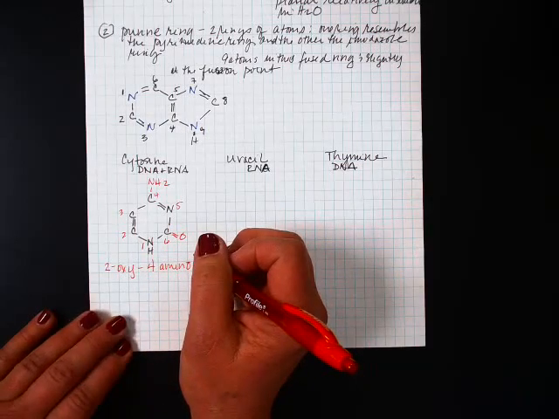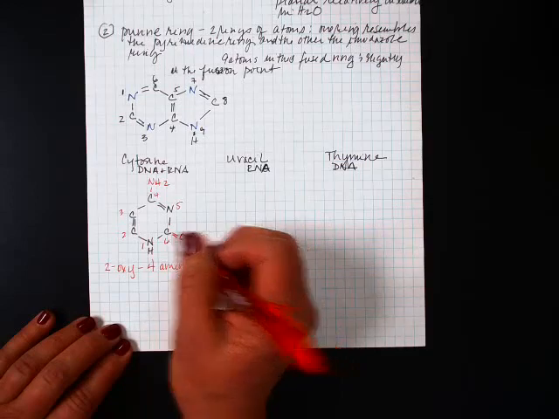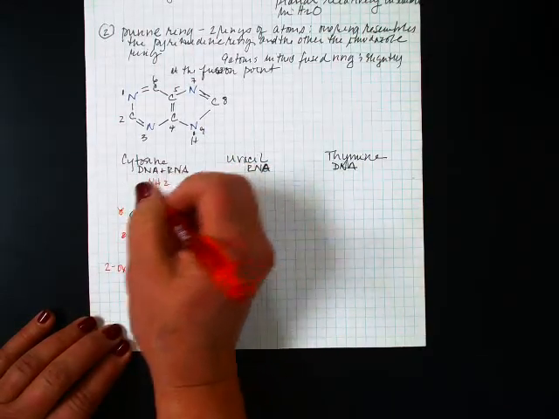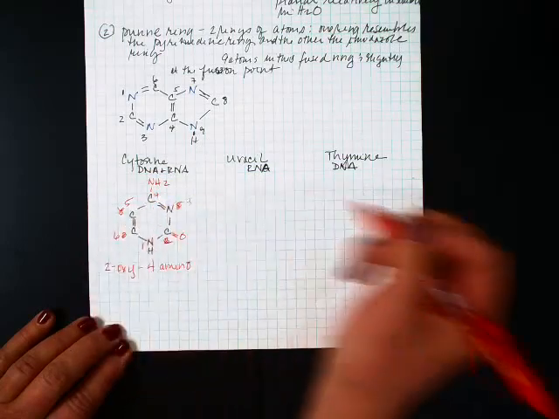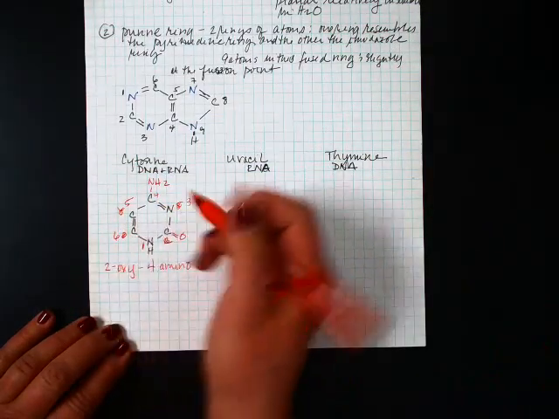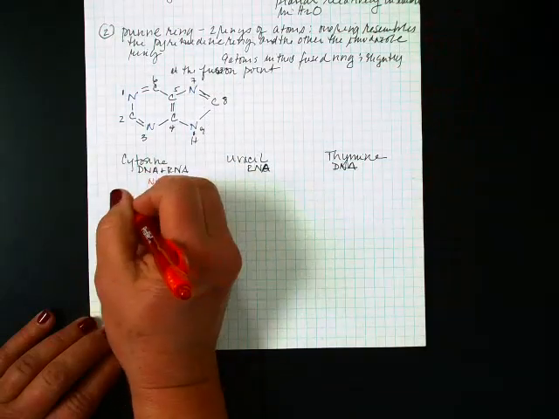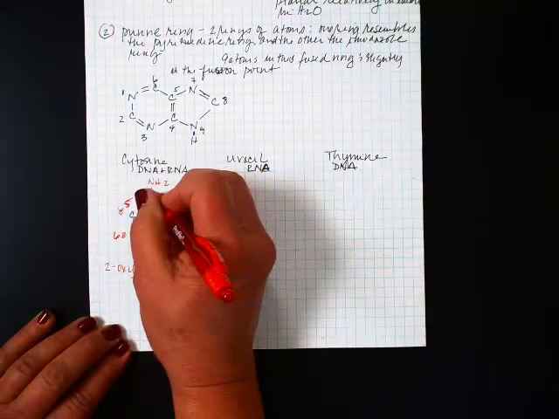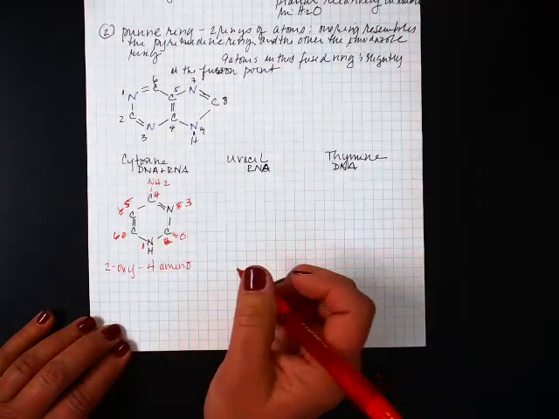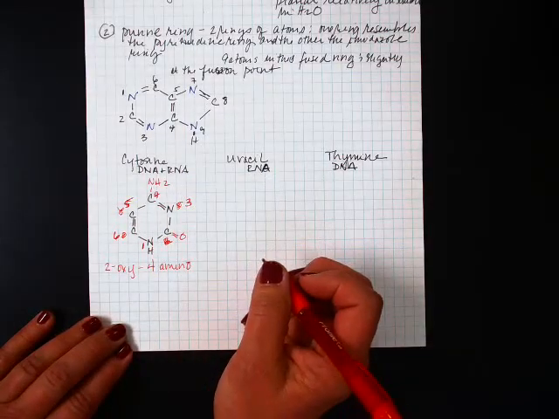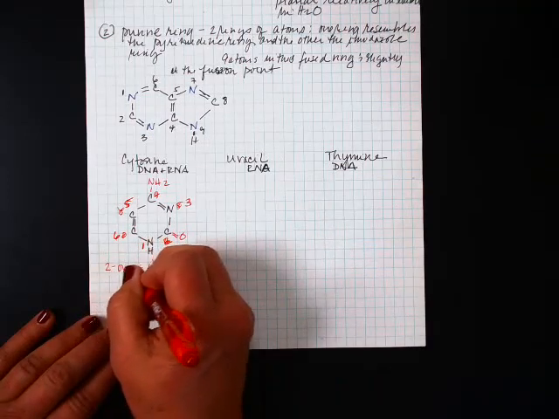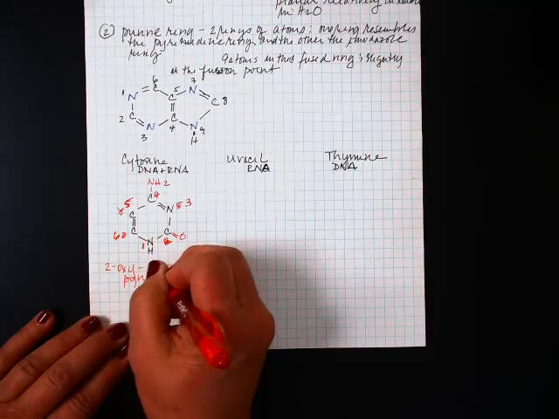I went the wrong way around the ring. 2, 3, 4, 5, 6. I drew it backwards in this one, or I flipped it from my original drawing. Sorry about that. So then I numbered wrong. 2-oxy 4-amino pyrimidine. Watch that next time.